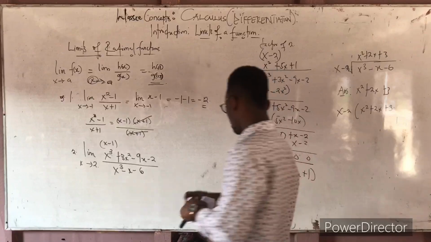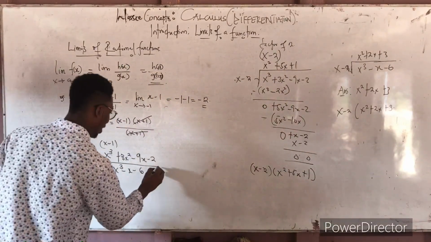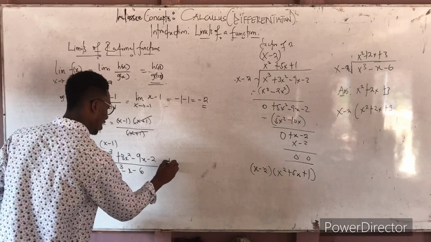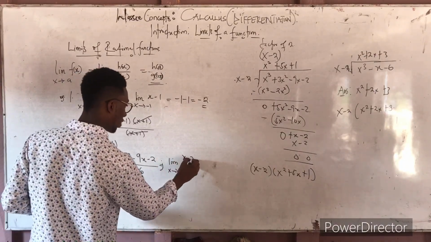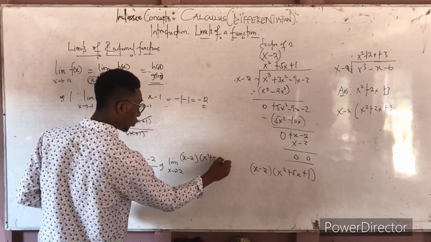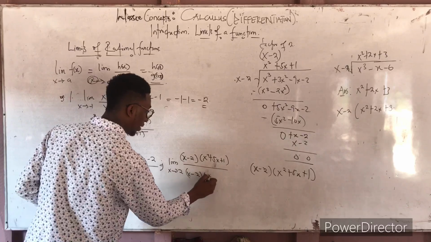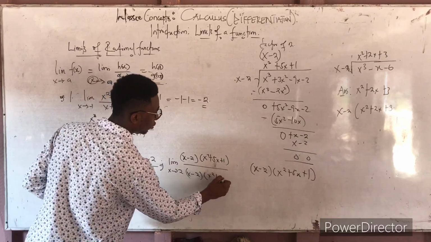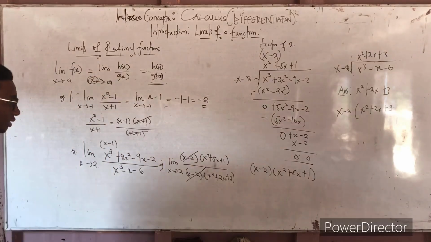Okay. So when you get this, you can simply find that the limit as x is approaching 2 of the function becomes x minus 2 multiplying x squared plus 5x plus 1, all divided by x minus 2 multiplying x squared plus 2x plus 3. So the x minus 2 can take x minus 2 out here.